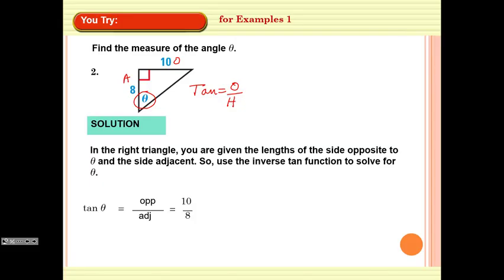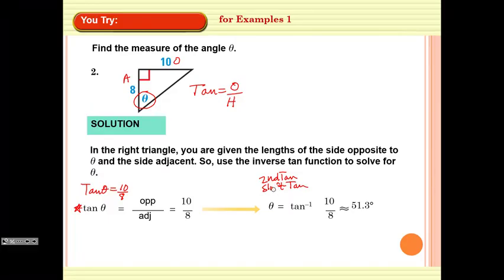Right here, put tangent theta equals 10 over 8. That's how this is written here. Then remember, hit second tangent or shift tangent, whatever your calculator requires.